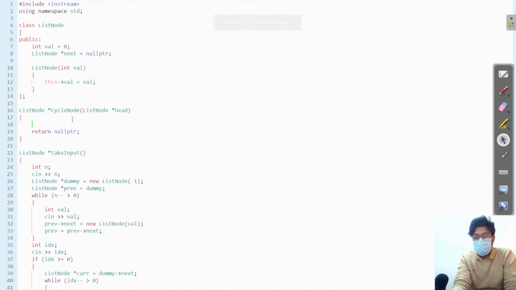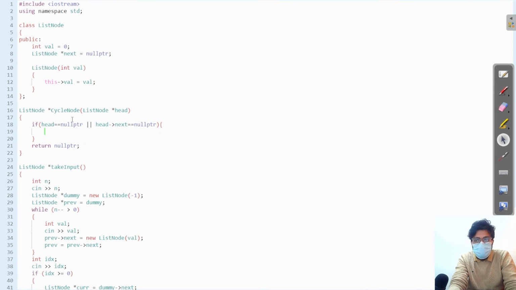Let's put our initial case: if head is not even there, null ptr, or if head dot next is equal to null. If there is no head, or if there is only head, there is no linking, there is no cycle, right? Return null ptr.